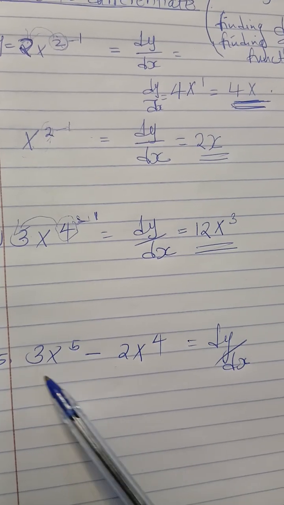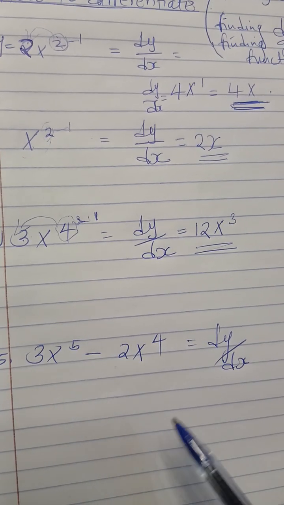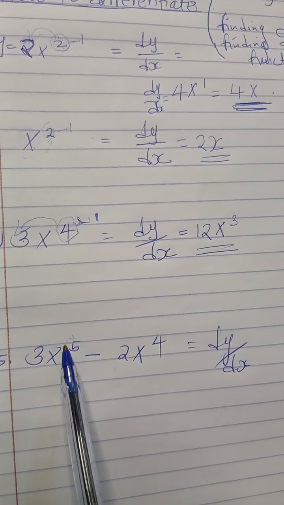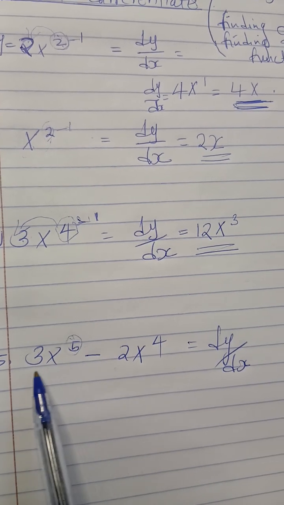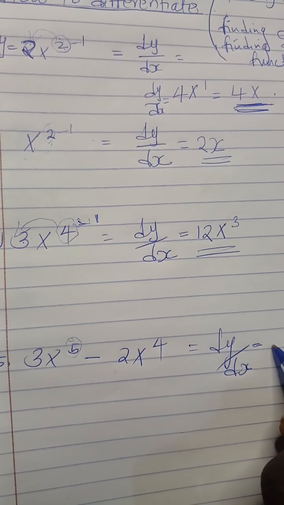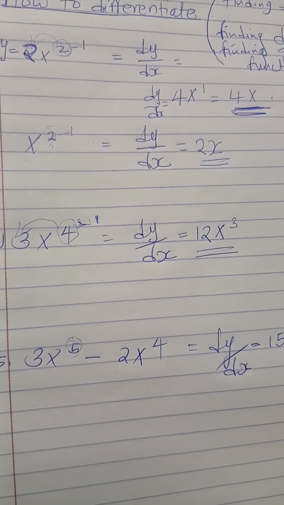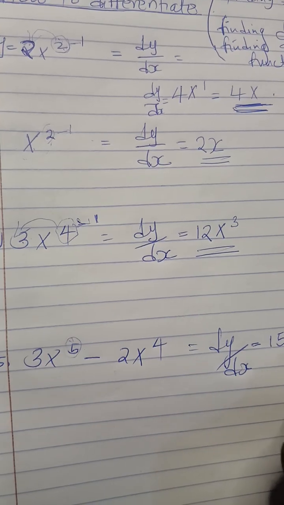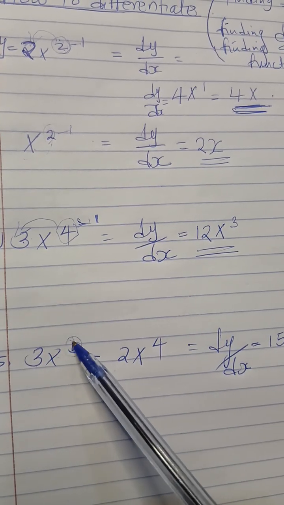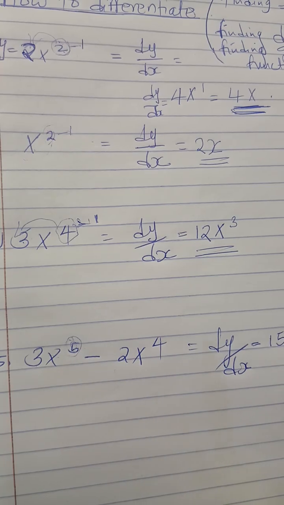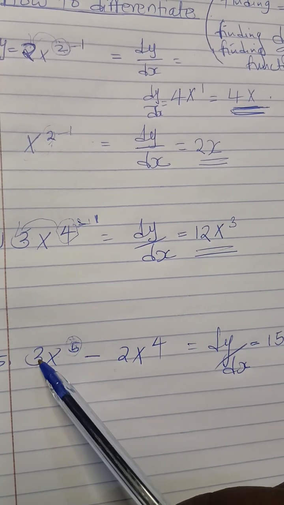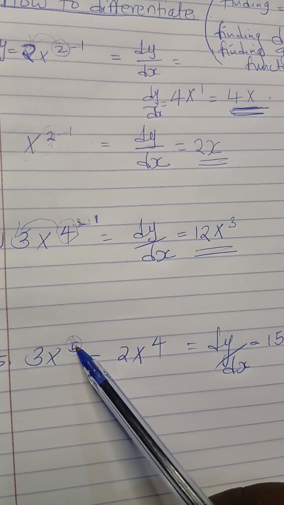So the first term is 3x power 5. Let us differentiate that. So 3x power 5, as we've been doing, you take 5, multiply by 3, that will give you 15. So x remains, and then you'll have 15x power 5 is our power, but in differentiating, we multiply the power with the coefficient of x, and then we subtract 1 from the power.